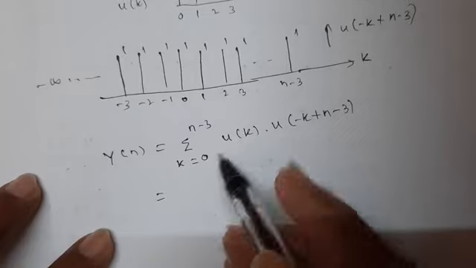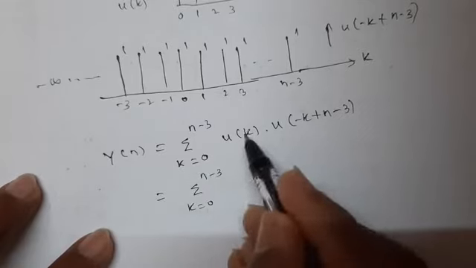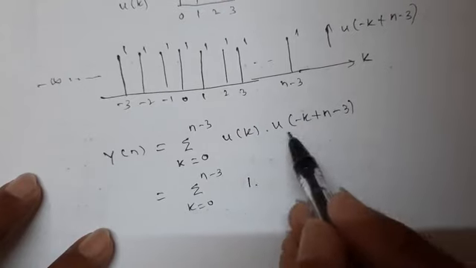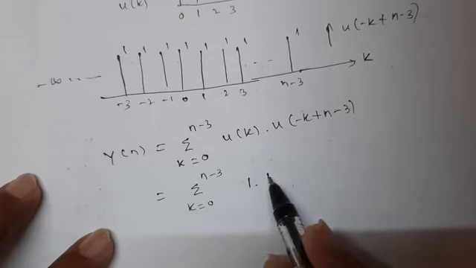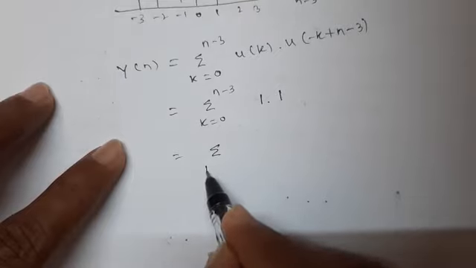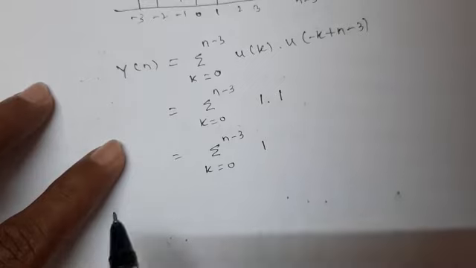What is u of k? Summation k equal to 0 to n minus 3. U of k means what? Its amplitude is 1 for all the k values from 0 to infinity. These values are also 1 from 0 to n minus 3. So you can write it as summation k equal to 0 to n minus 3, 1.